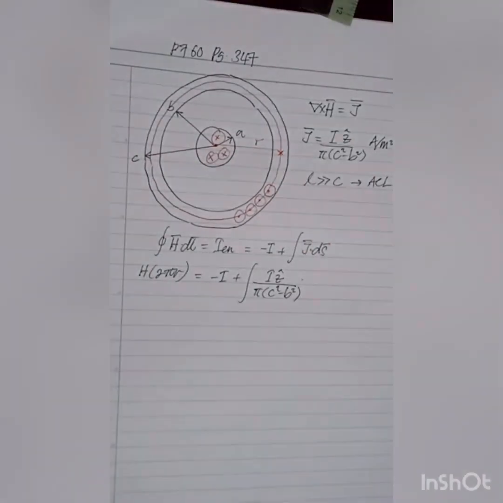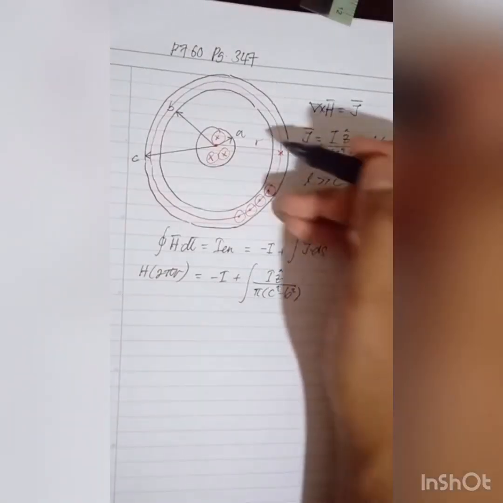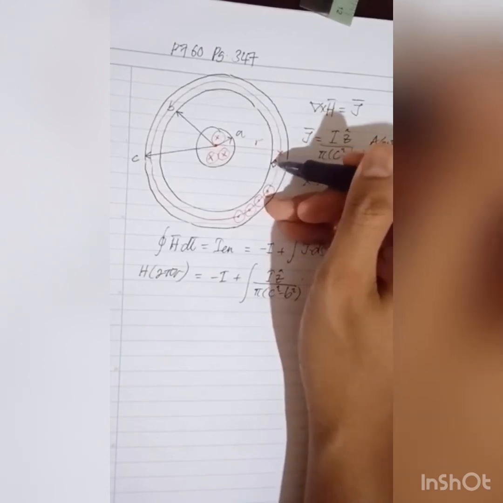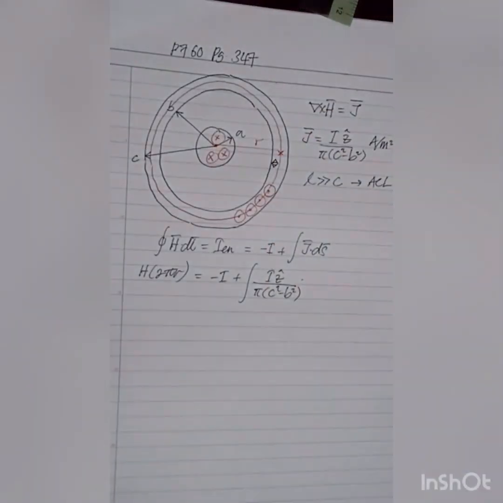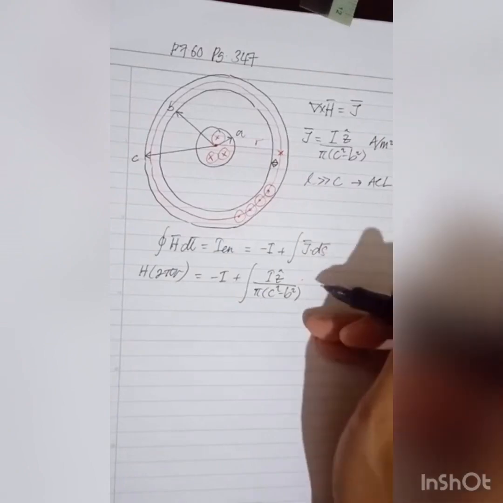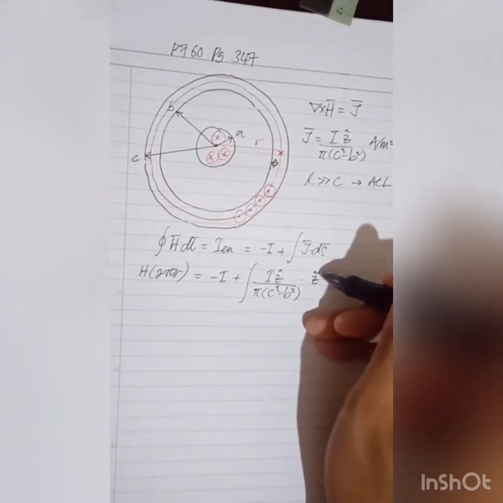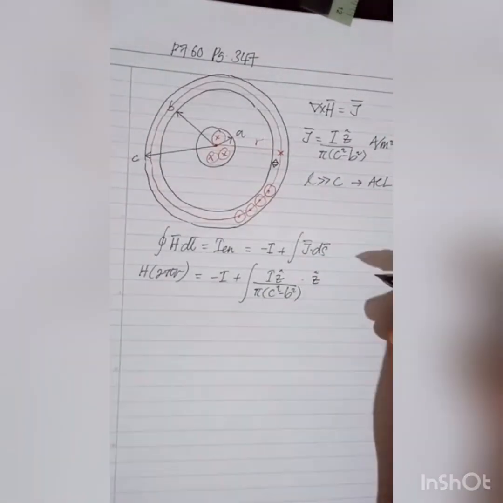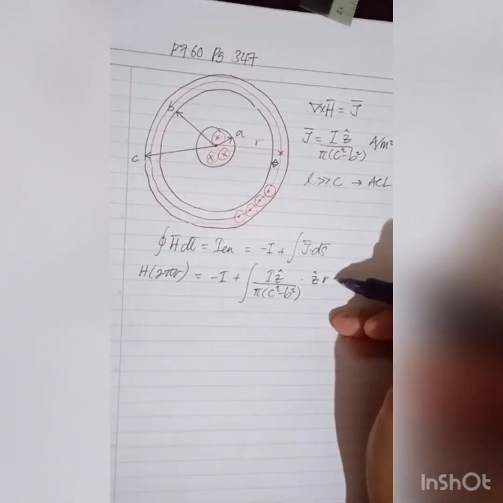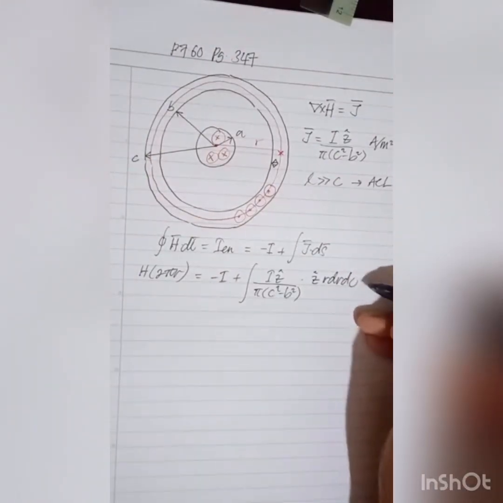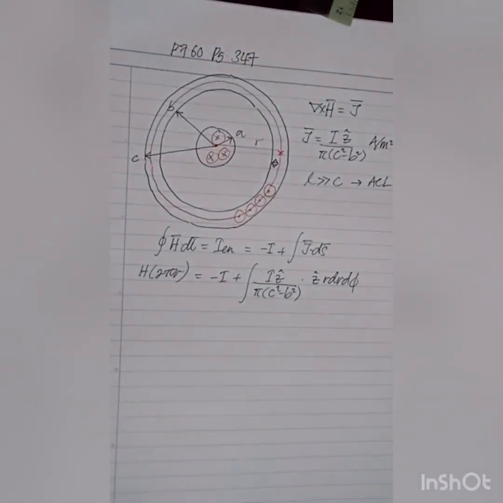Now we have to take a sample of area on the outer conductor surface, which must be in the same direction as J, so again here we have the z direction. The dS for the z direction in the cylindrical structure is r dr d phi. Bear in mind, guys, that in this case z remains constant.